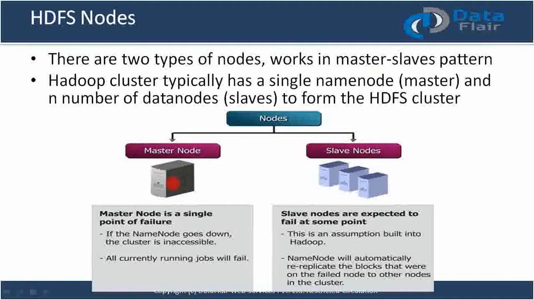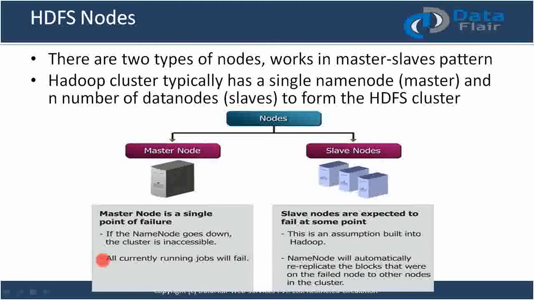Apart from that, we have the information about the slaves, about all the blocks, about the network configuration, all complete information. So if your master is down, your actual data that is stored on the slaves will be of no use. But this particular issue has been resolved in the latest version of Hadoop that we'll see later.